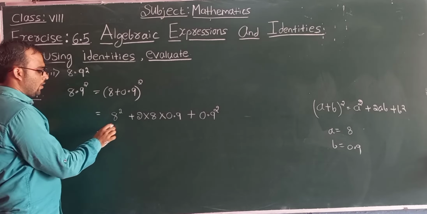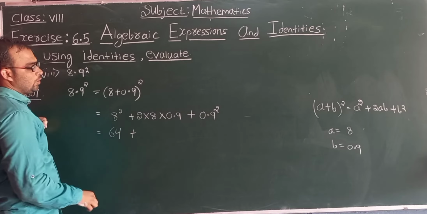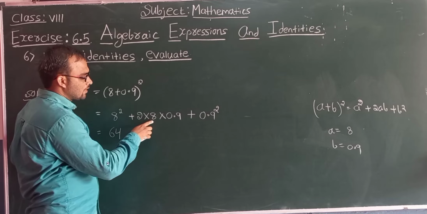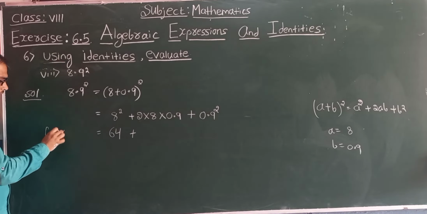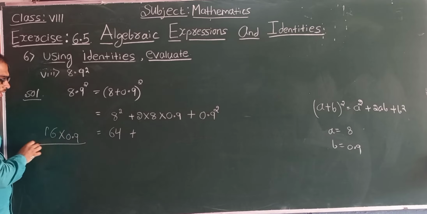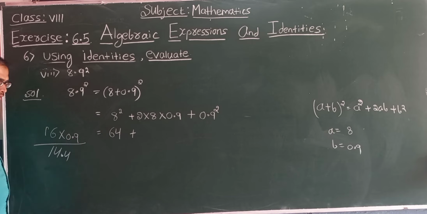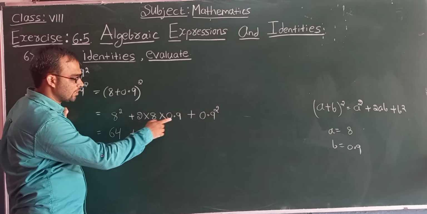Now 8 8s are 64, plus 2 8s are 16, 16 into 0.9. 16 into 0.9 will be 14.4, students. This is basics, decimal multiplication.